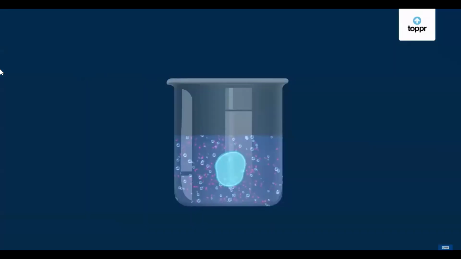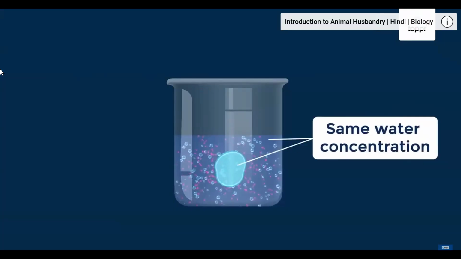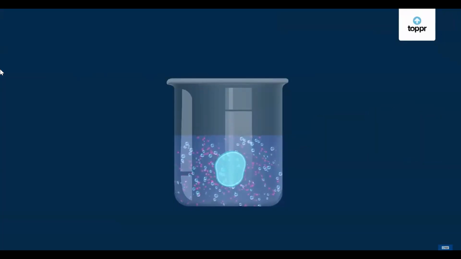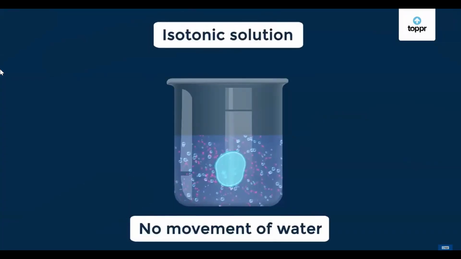Well, there are three possibilities. First possibility is, if the water concentration in the surrounding salt solution is exactly the same as that inside the cell. In such cases, the surrounding salt solution is said to be isotonic. No movement of water will occur in this case.